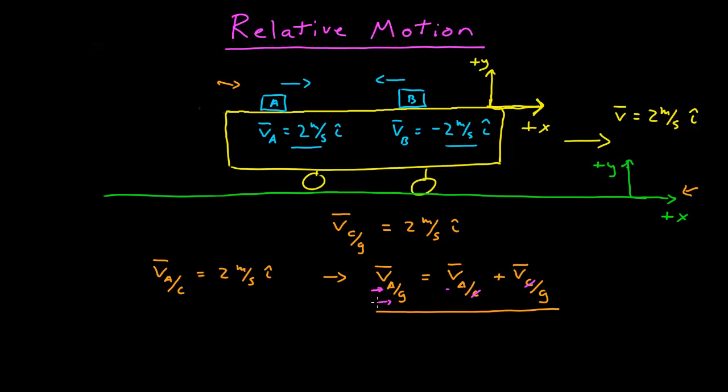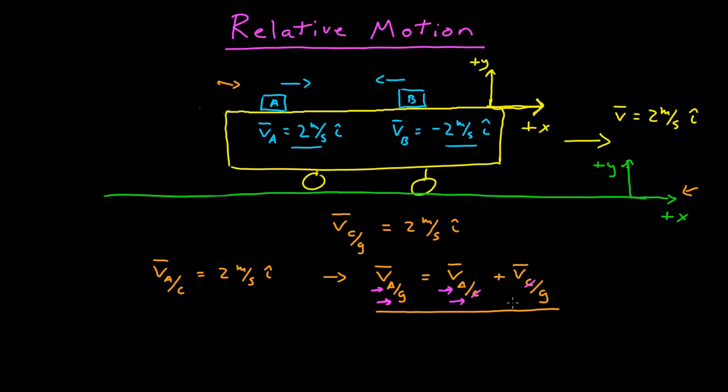If I want A relative to the ground, and I know A relative to some other coordinate system, in this case the car, then I can use this relationship where A relative to the ground is equal to A relative to the car plus the relative velocities of the coordinate systems, car relative to the ground.